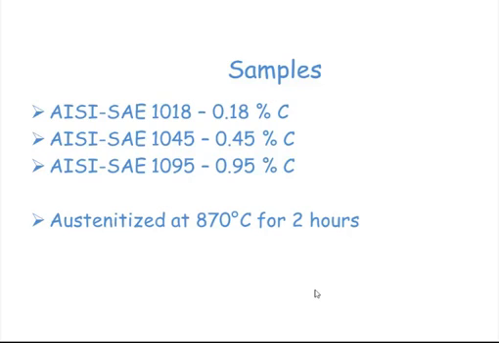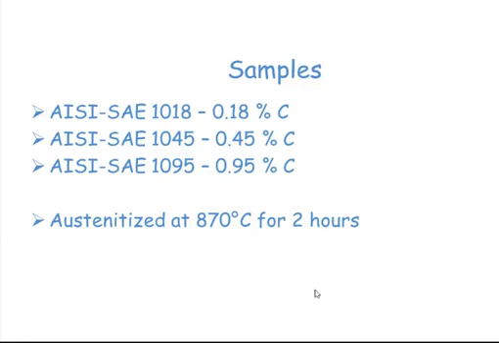Then AISI 1045 and AISI 1095. The carbon percentage present in 1018 is a maximum of 0.18 percent. In case of 1045, we have 0.45% carbon, and in case of 1095, around 0.95 percent carbon.